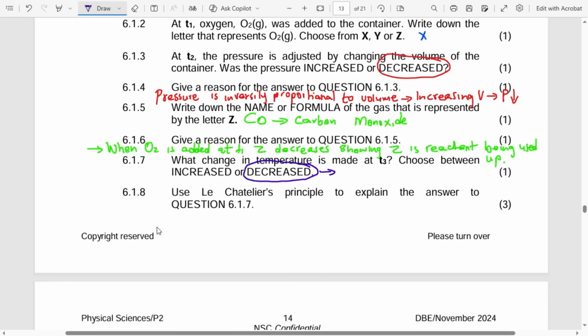Remember, according to Le Chatelier's principle, when the temperature is decreased, the system will oppose the change by favoring the exothermic reaction. Since the forward reaction is exothermic, the equilibrium will shift to the right to produce more heat. So as a result, the concentration of the CO2 will increase and the concentration of the CO and the O2 will decrease.